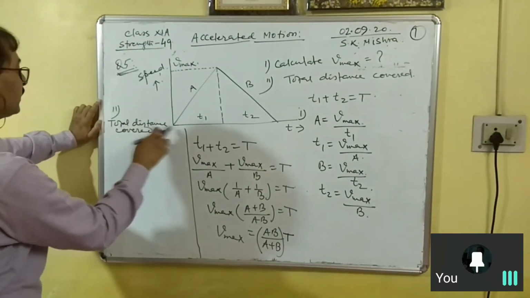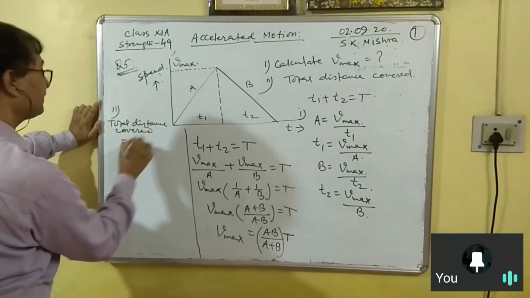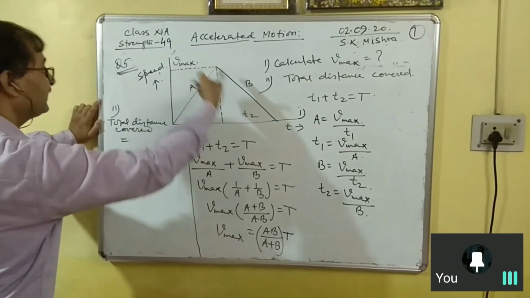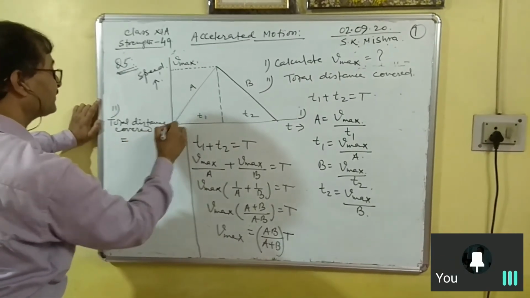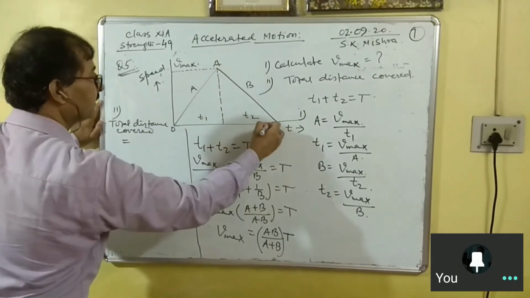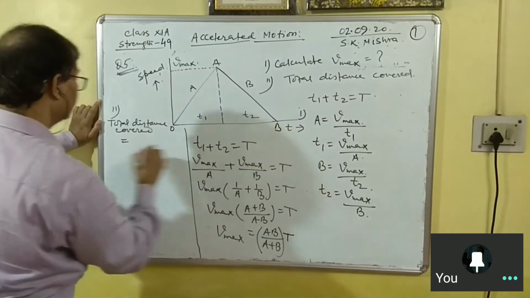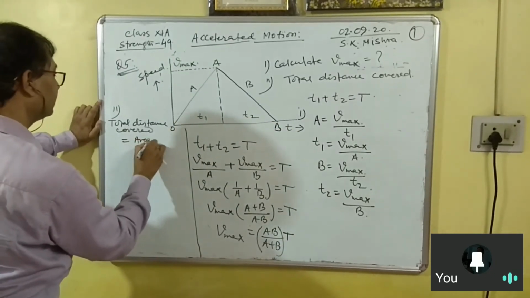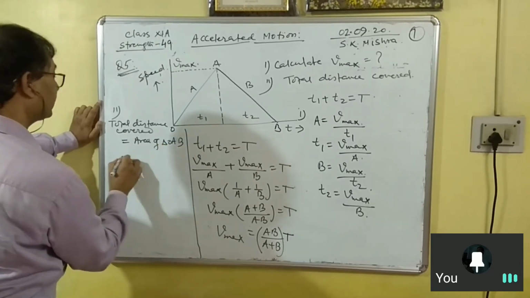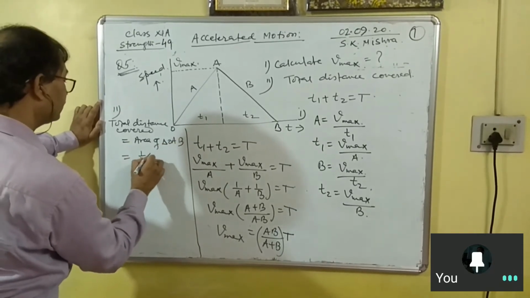Second bit, total distance covered is nothing but the area under the speed time graph, the area bounded under the speed time graph. So the area of the triangle, if I name it O, A, B. Area of triangle is half into base into height.